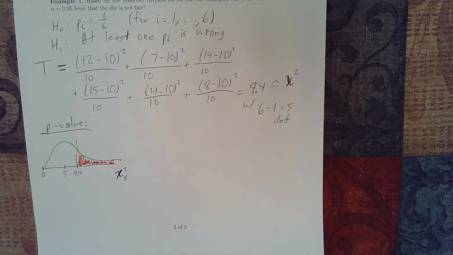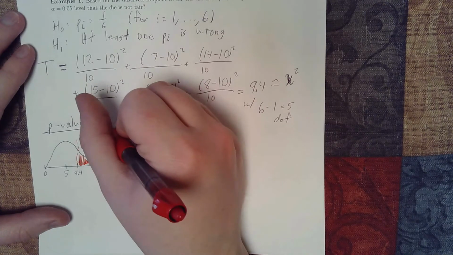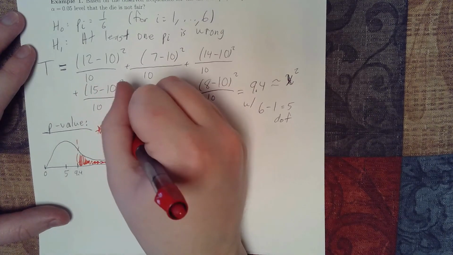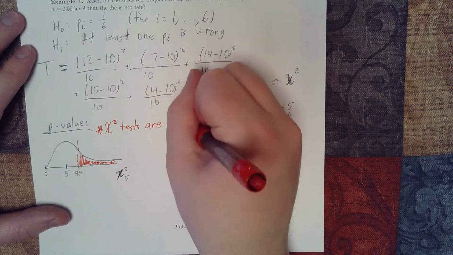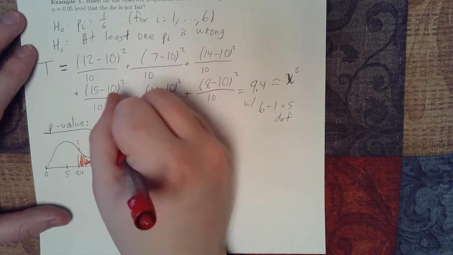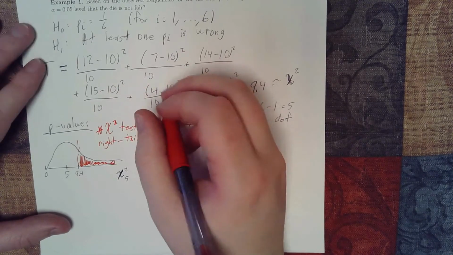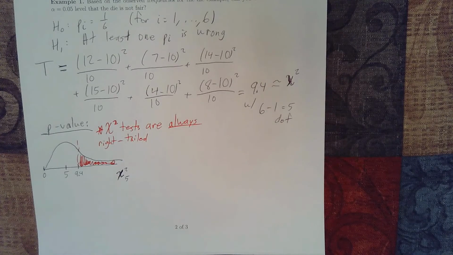Something of note here: chi-squared tests are always right-tailed, because the bigger the difference between the observed and the expectation, the more convincing that the null is not true.